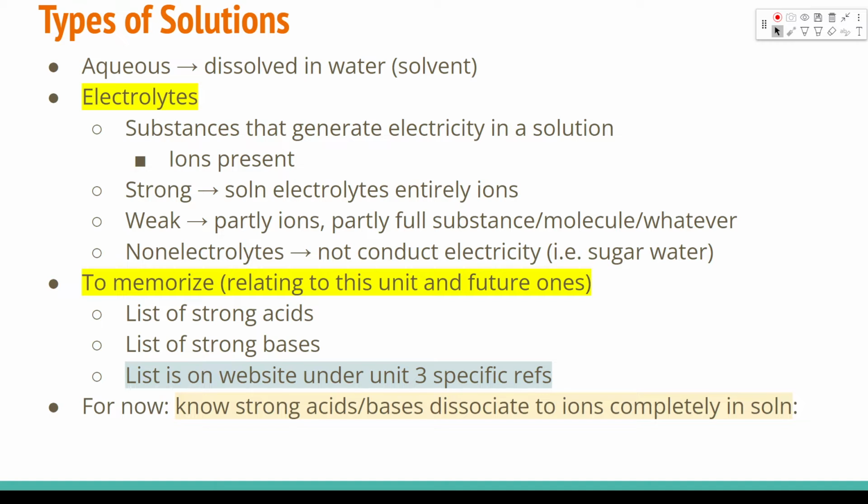For now, what you need to know is that they dissociate into ions completely. For example, if I had hydrochloric acid as a solid and then dissolved it in water, aka aq, that means I have a whole bunch of hydrogen ions and a whole bunch of chloride ions in the solution.